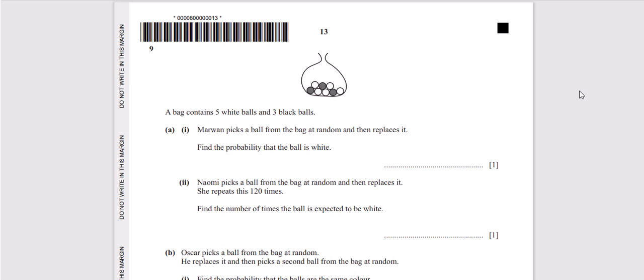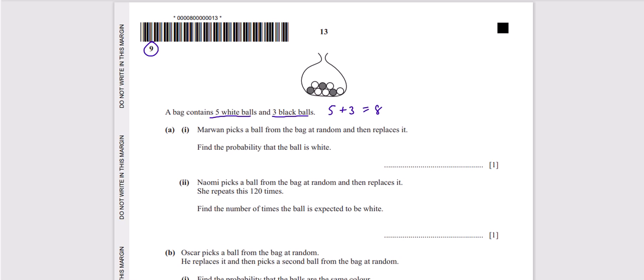Now question number 9. A bag contains 5 white ball and 3 black ball. So sum of these values 5 plus 3 is equal to 8. Marwan pick a ball from the bag at random and then replace it.